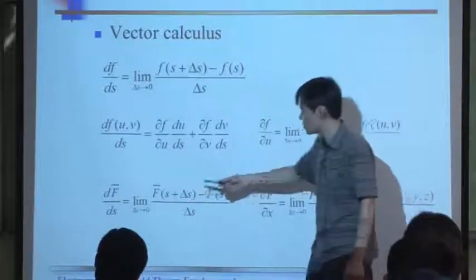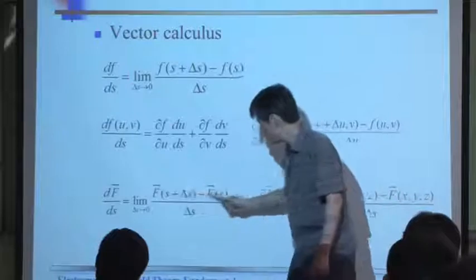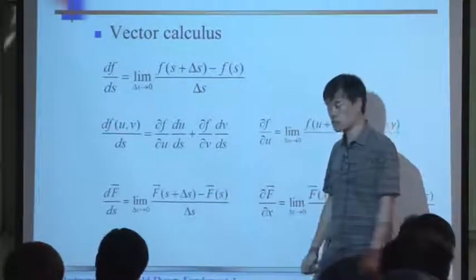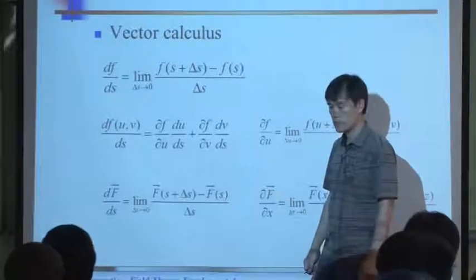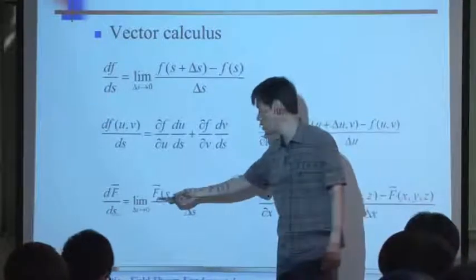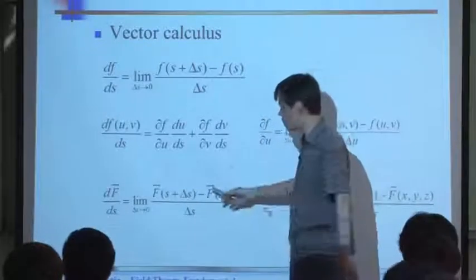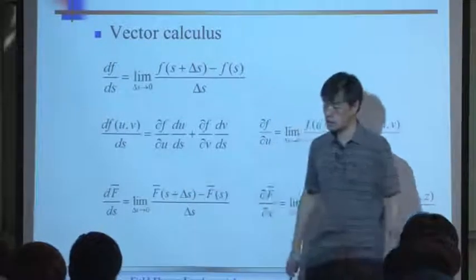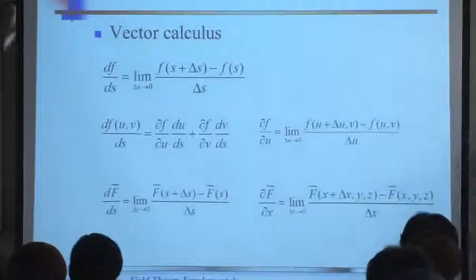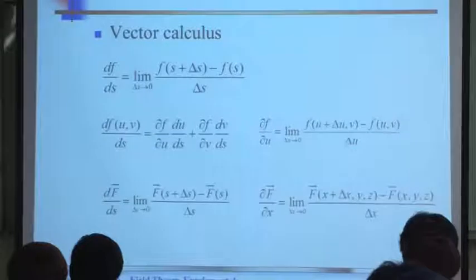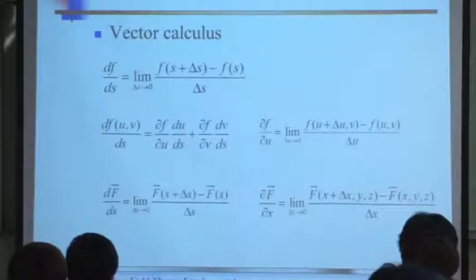So this vector and this vector may have a little change of the orientation. 방향이 조금 다를 수가 있죠. 이 벡터와 이 벡터가 가리키는 방향이. 그 방향까지 고려해서 요 빼기를 해야 된다 이 말이에요. That is the only difference between the vector differentiation and the scalar differentiation.